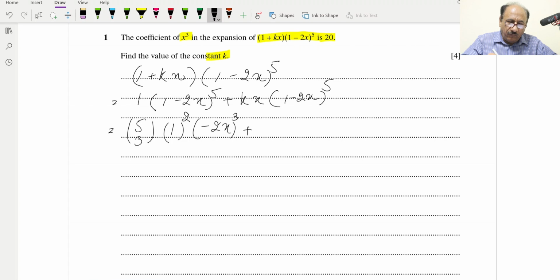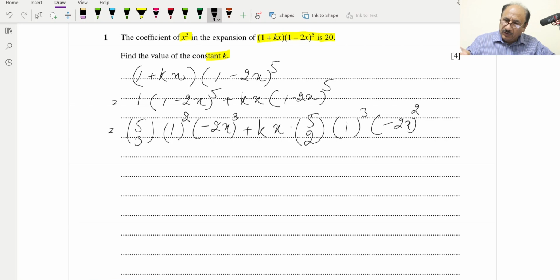The next term, for the second portion, will be k into x and 5c2, because we need x square so that it can multiply with the x and we will get x cube. So we take 5c2 and 1 raised to the power 3 and minus 2x raised to the power 2. This will be the term containing x cube.